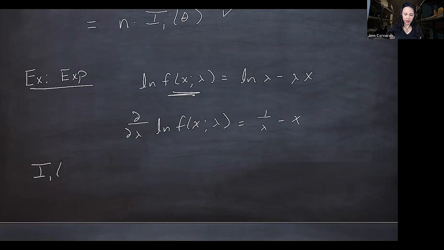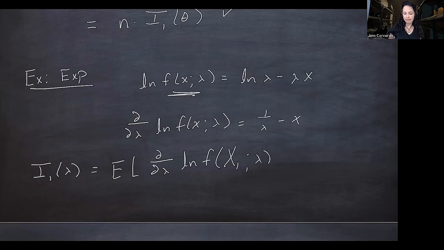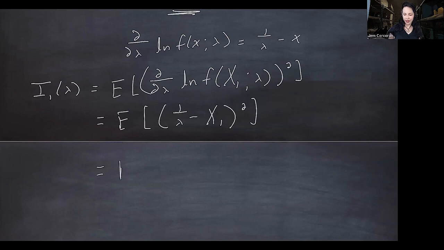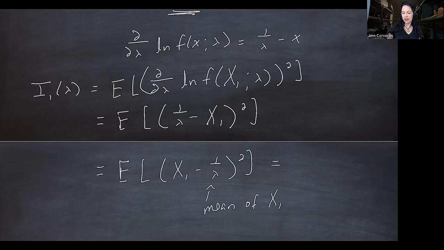And so the one-dimensional Fisher information using our first formulation is the expected value of this thing squared when you plug in a capital X. Square it. So that is the expected value of (1 over lambda minus x1) squared, which is x1 minus 1 over lambda squared. And because this is the mean of the exponential distribution, this is the variance of x1. And for the exponential, that is 1 over lambda squared.